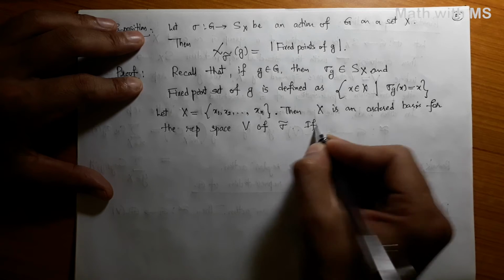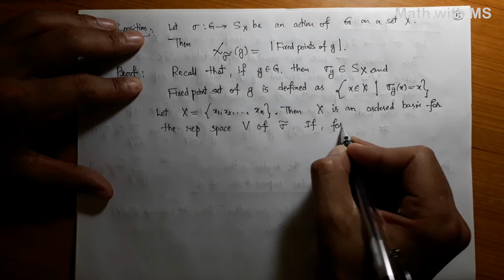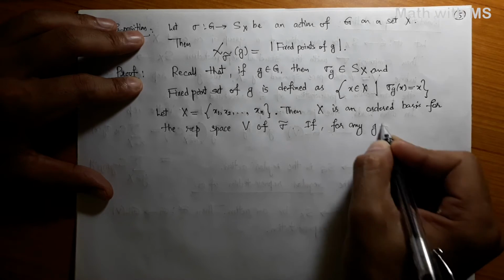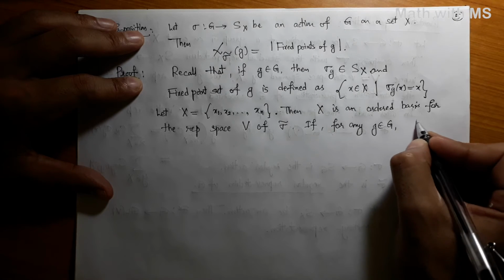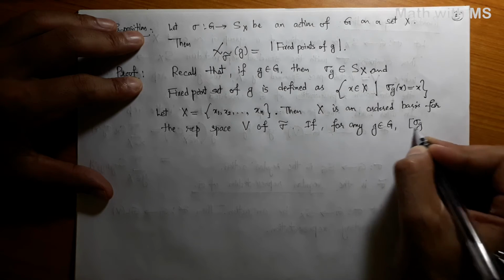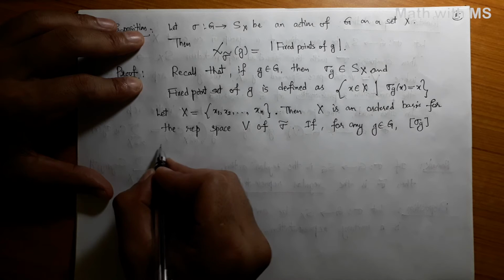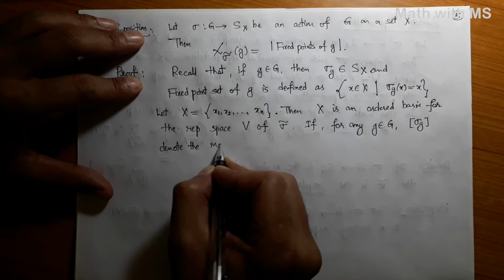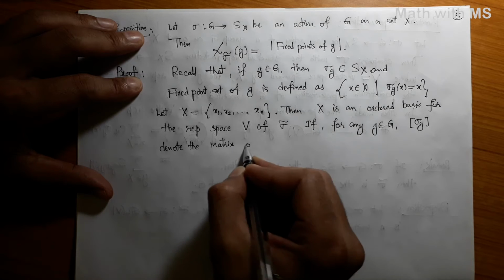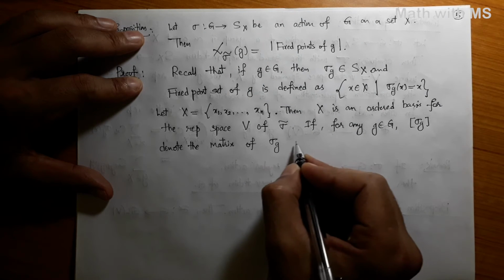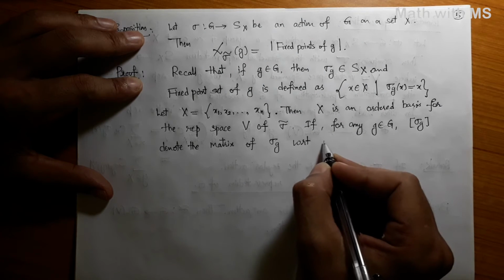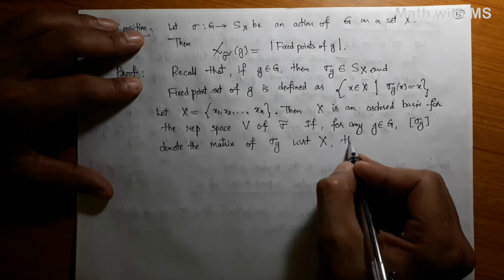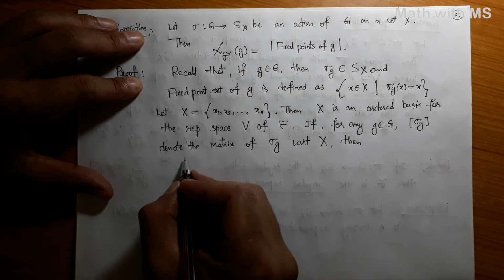And if for any g in the group G, we denote the matrix of sigma_g with respect to X by this bracket, then we can find out the entries.